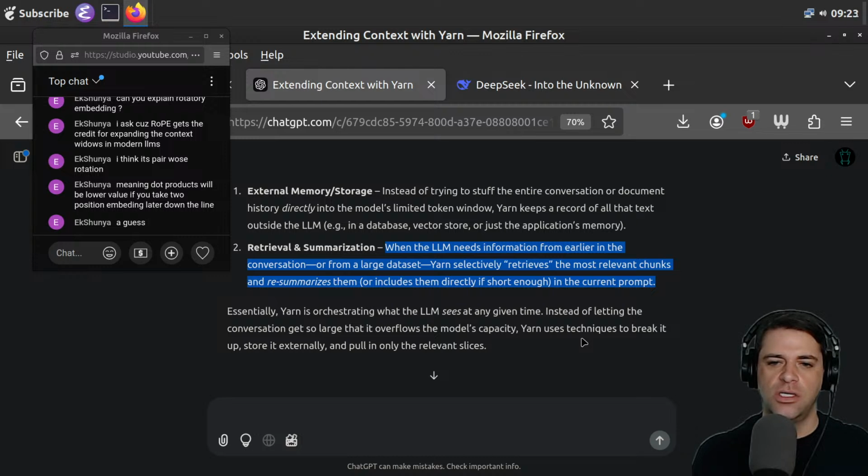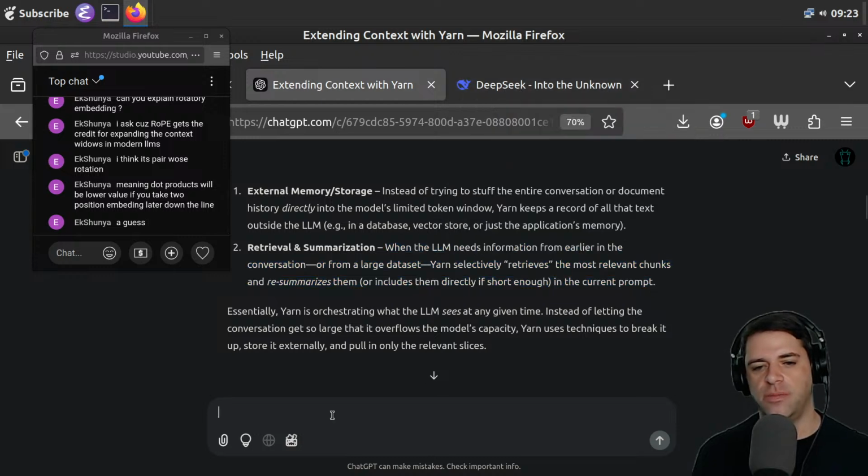Essentially, YaRN is orchestrating what the LLM sees at any given time, instead of letting the conversation get so large that it overflows the model's capacity. YaRN uses techniques to break it up, store it externally, and pull in only the relevant slices.